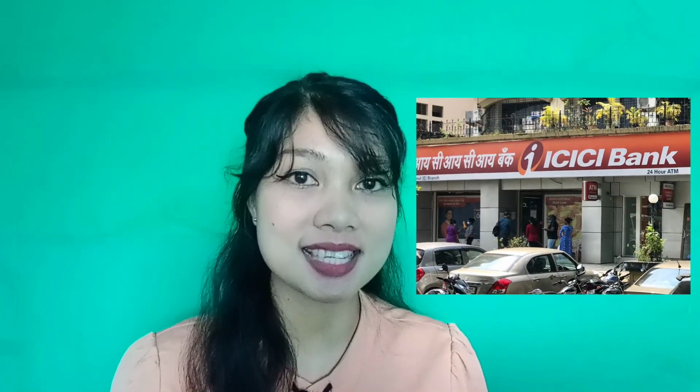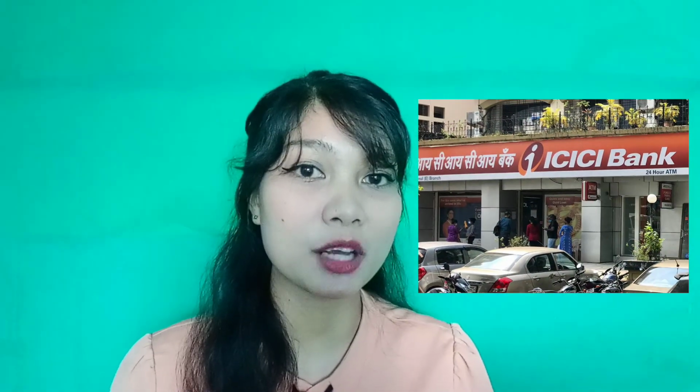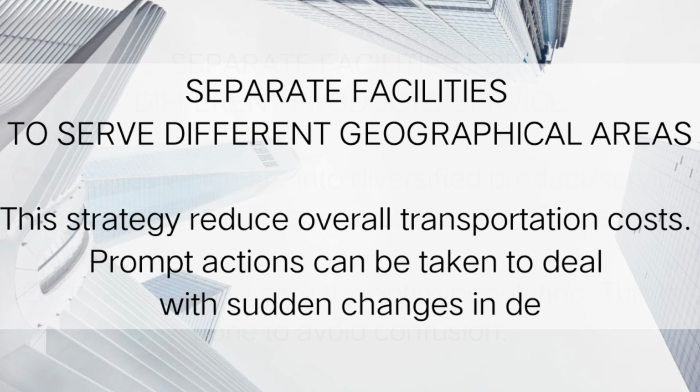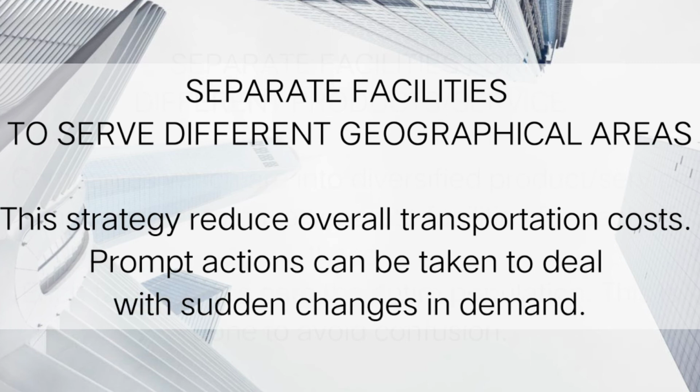Example nito yung ICICI Bank kung saan meron siyang banking, insurance at saka yung mutual funds na may nakaseparate na network of office for each of these segments. Next is the separate facilities to serve different geographical areas. This strategy reduces overall transportation cost. Prompt actions can be taken to deal with sudden changes in demand.